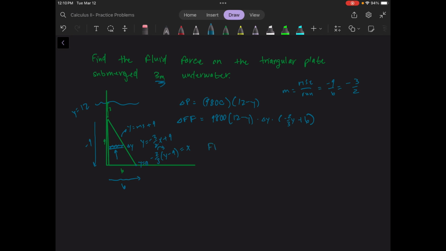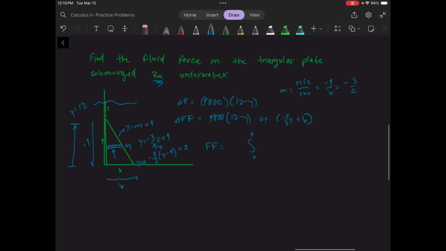So if we want to find the fluid force, we'll just integrate. Where are the slices moving from and to? They start at the bottom of the tank at y equals 0, and they end at the top of the tank at y equals 9. So we're going from 0 to 9. We can pull this weight density out. That leaves us with a 12 minus y and a -2/3 y plus 6, and the delta y turns to a dy. So we could distribute.